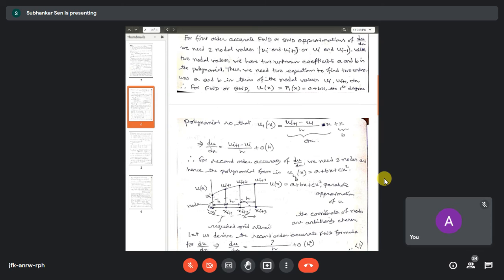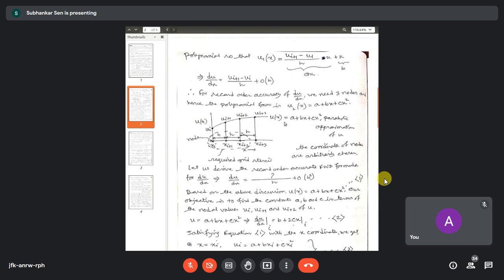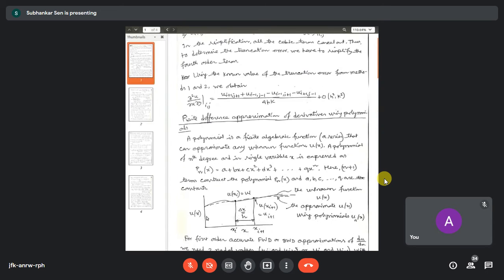This is not at node 2. There is nothing as node 2. So this is the degree of the polynomial. So here we have 3 unknowns a, b and c, and we have to use some solver to find out a, b and c. So whatever be the actual profile of the function, it is not important.